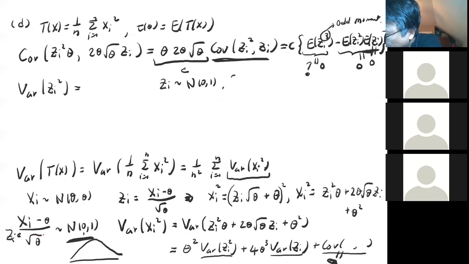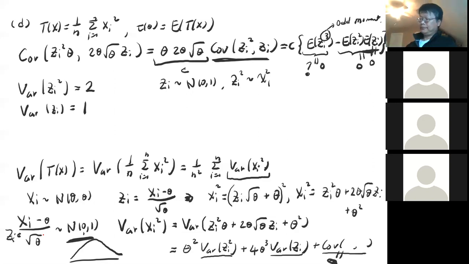Then what does Zi squared follow? Chi square 1. So Zi squared is chi square 1, and the variance of a chi square 1 is 2. And because Zi is normal 0, 1, the variance of Zi equals 1.